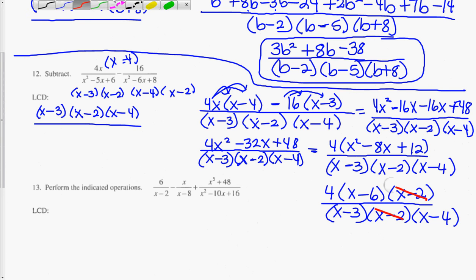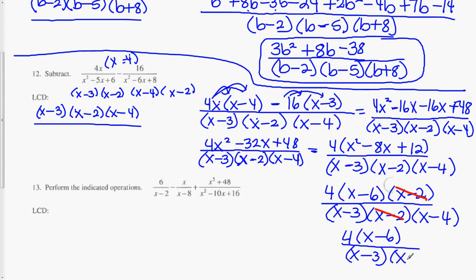Now, none of the others will cancel out, because remember, in order to cancel, you have to have exactly matching parentheses. So our answer was going to be then 4 times x minus 6 over my x minus 3 and my x minus 4. That would be my final answer.